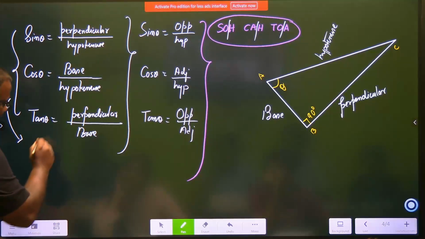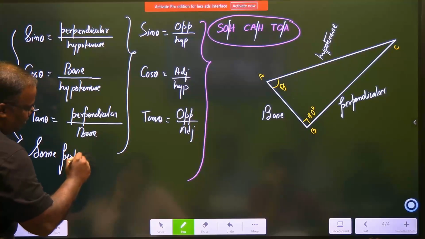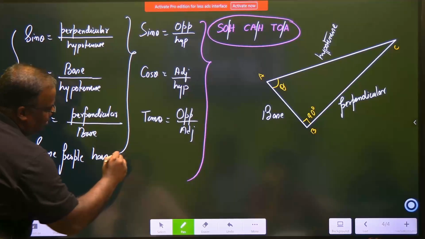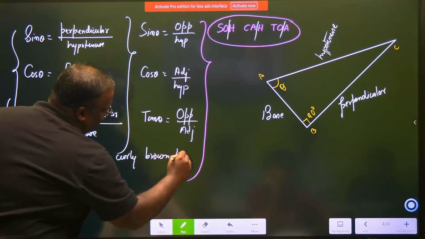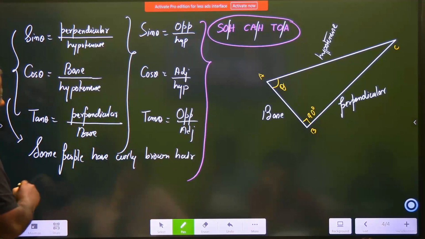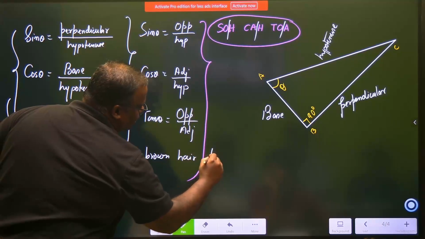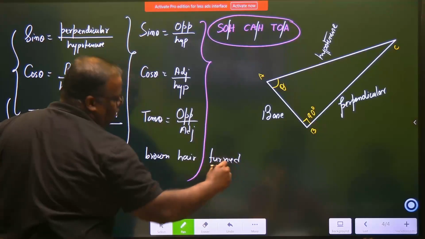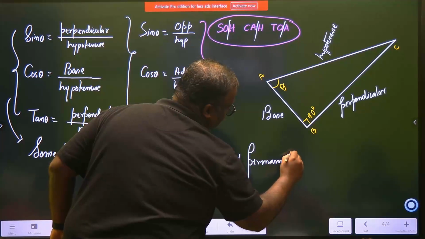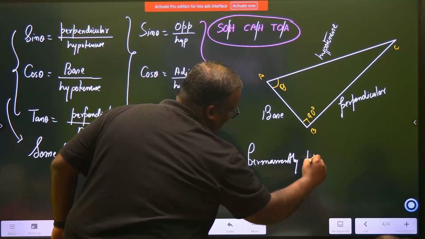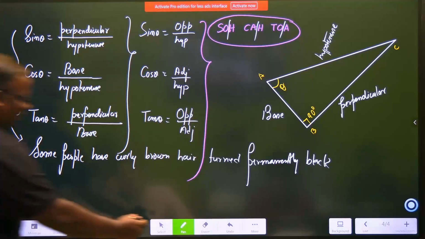This rhyme is something like this: Some people have curly brown hair turned permanently black. See how hard the ways we remembered. Turned permanently black. This was our days, okay?